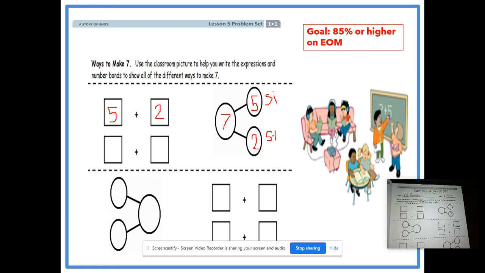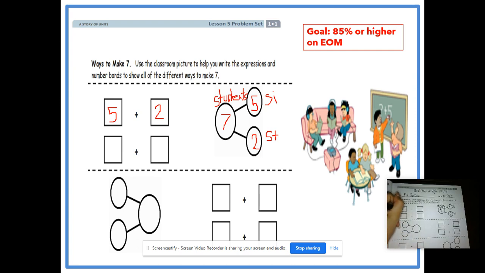So here we're going to put ST. And here, 7 is the total number of students, so we're going to put ST. We can go ahead and write out students. It's not going to be very neat. I'm going to write it better in my book. But yes, you can go ahead and label your number bond: SI for sitting, ST for standing, and the whole word students in our book.